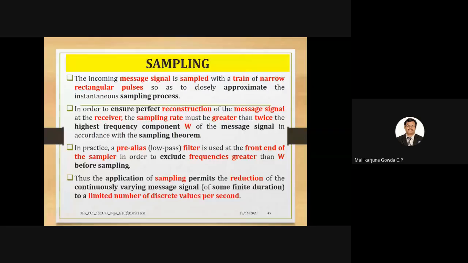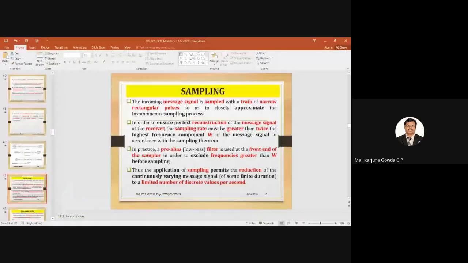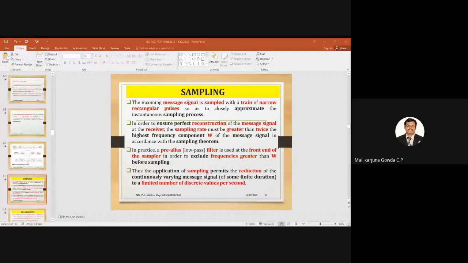Tipana is there. Yes, Manusri, can you tell me what is sampling?